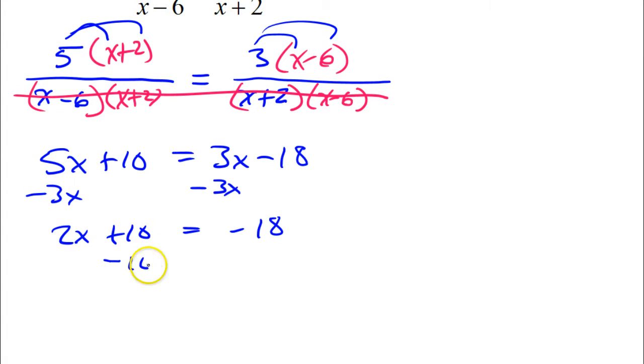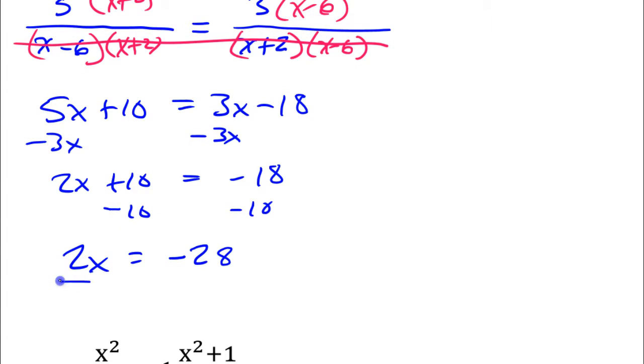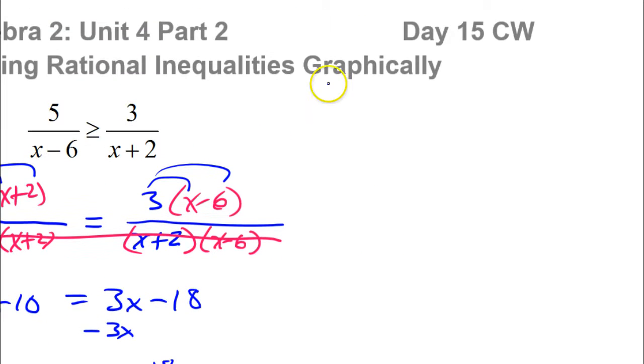Then I subtract 10 from both sides, so 2x equals negative 28. Then I divide by 2, so x equals negative 14. Did that make sense? So that gives me one of the values that will go on my number line: x equals negative 14.